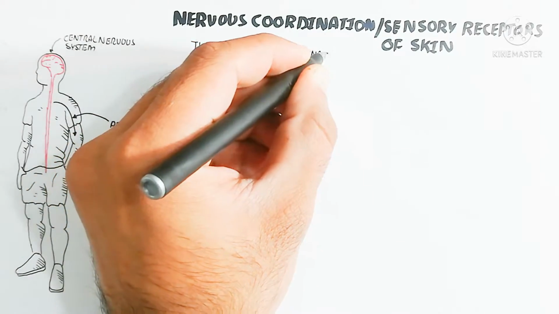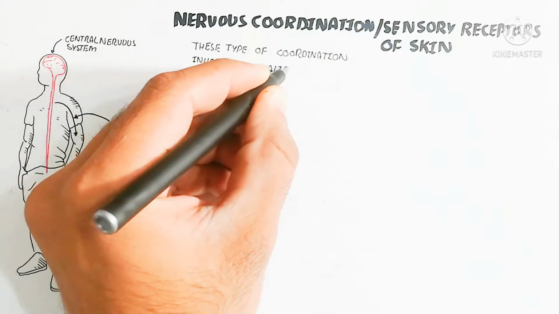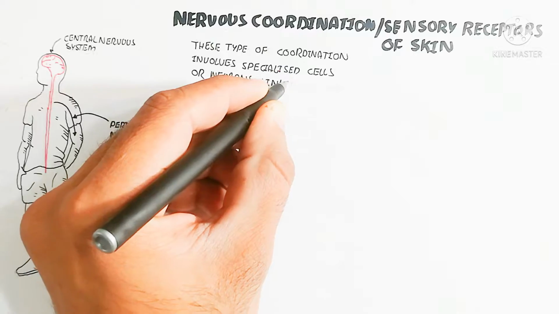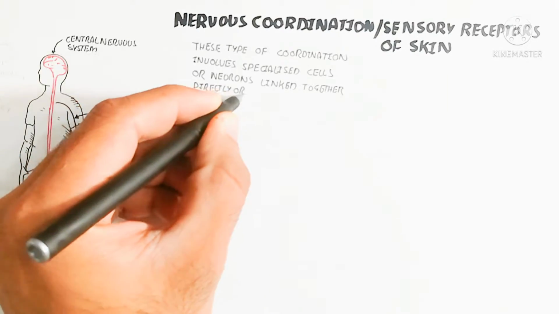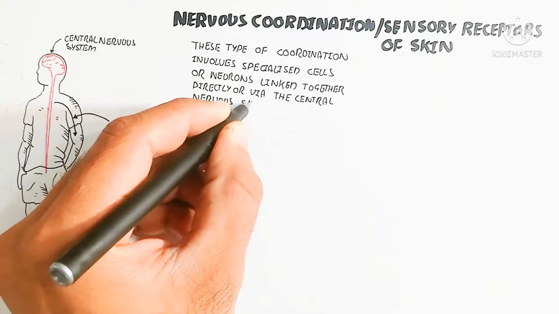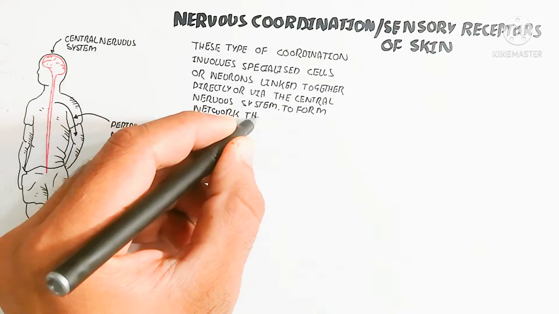First is the introduction. This type of coordination involves specialized cells or neurons linked together, directly or via the central nervous system, to form a network that connects the cells or organs.